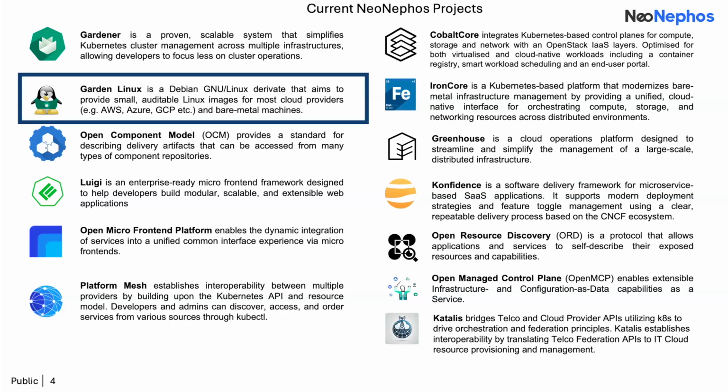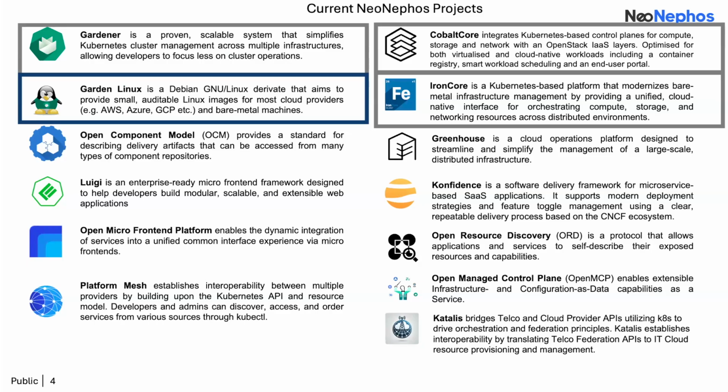That's the project where I'm in. It's a Linux derivate that really tries to provide a super minimal Linux image. We will talk about the details in the next slides. This is also already used by Gardener. That's why we have the name Garden Linux, because we are providing the operating system foundation for Gardener.